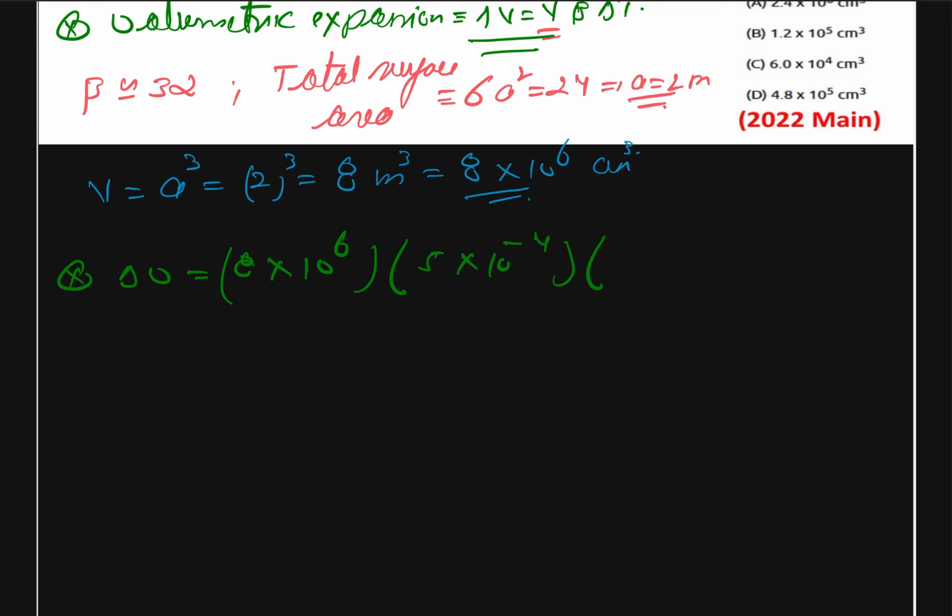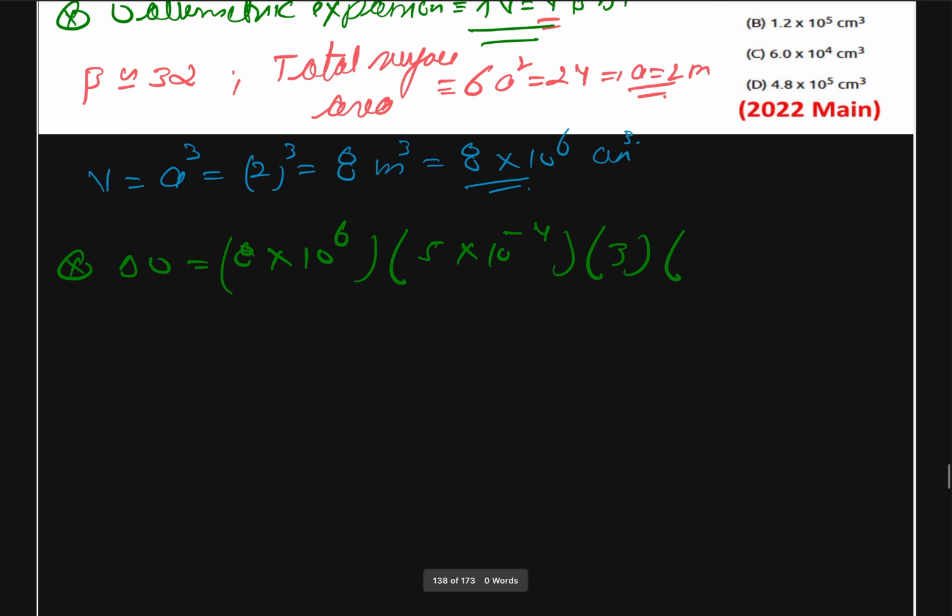and this is 3 times alpha, so this comes as 3, and change in temperature is 10 degrees centigrade.